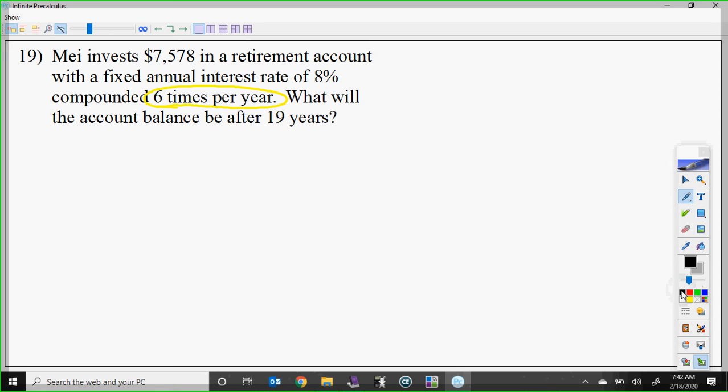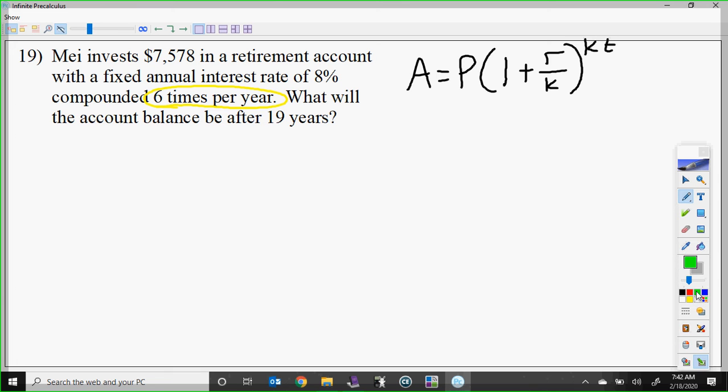Our formula. All right, so let's find these things.